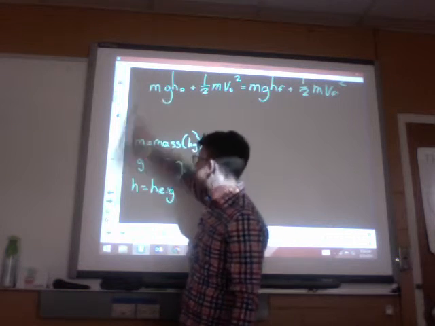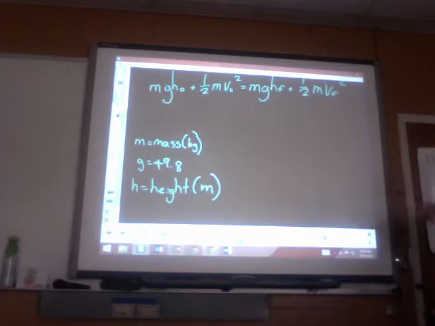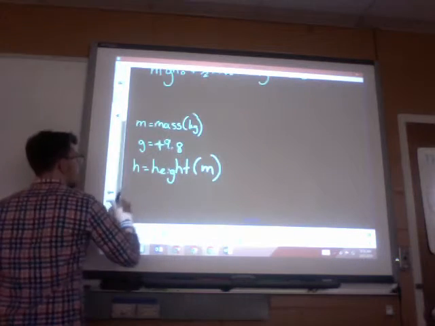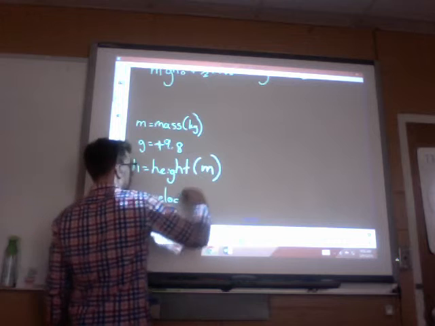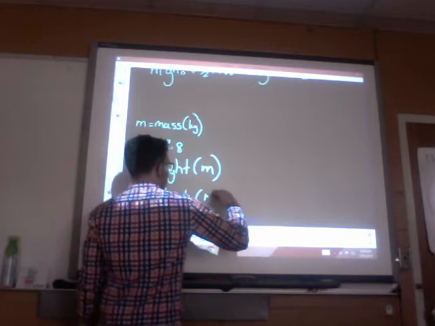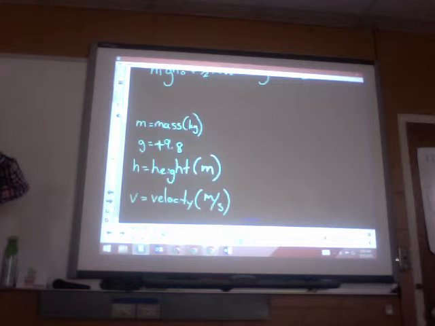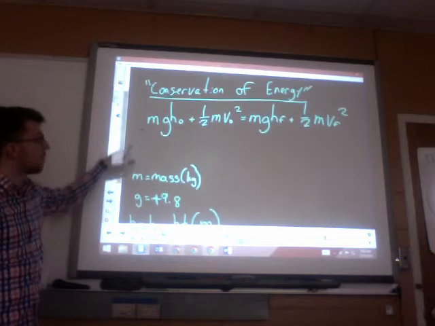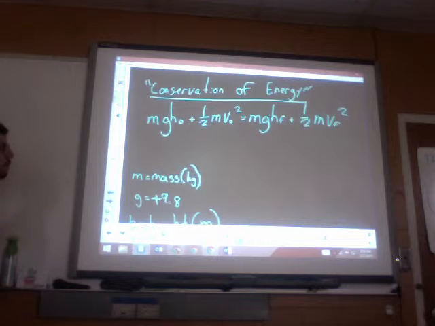That cuts the letters down a little bit if you know what those subscripts mean. The only other one up here is velocity. We've been using that since last year. So if that's velocity, what's VF? Final velocity. I think that's enough to get started.